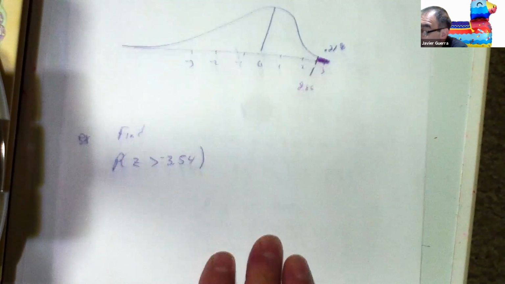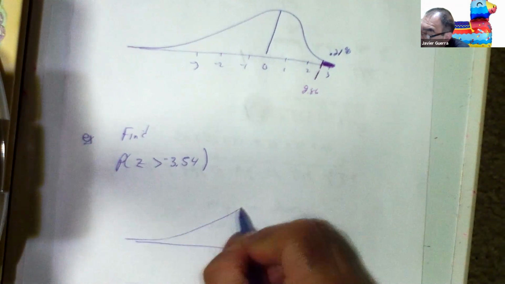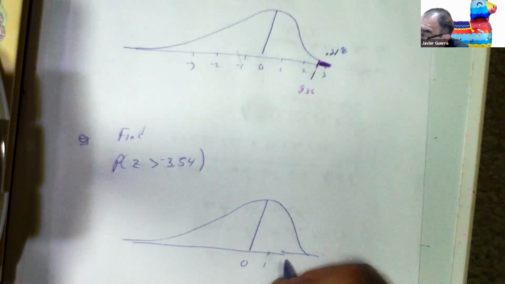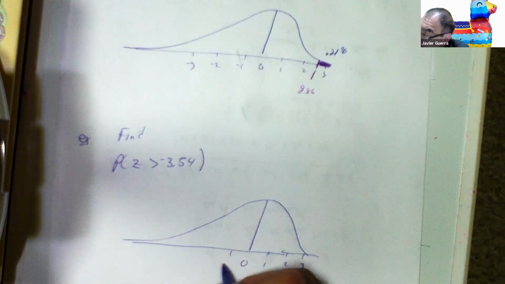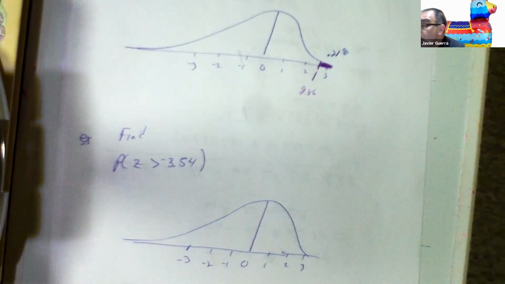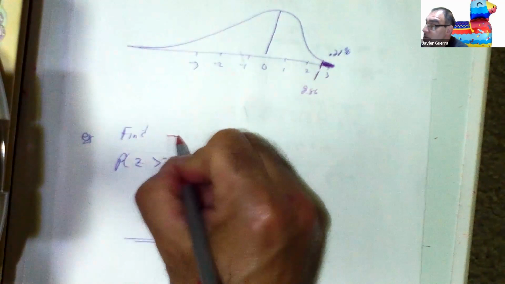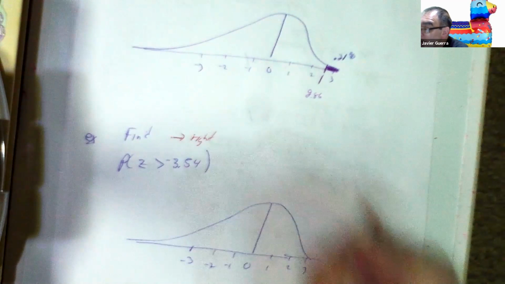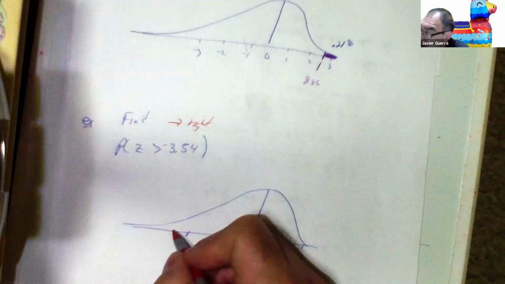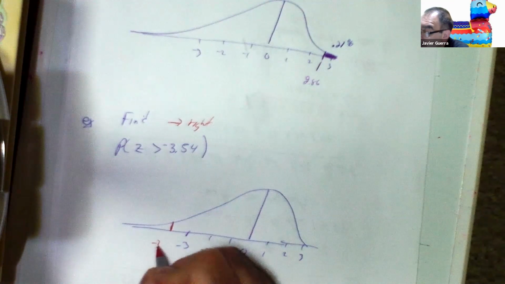You're gonna draw the picture. 0, 1, 2, 3. And we know that the symbol is greater than, so I know it's going to be shaded to the right. Negative 3.54 is going to be over here, about right there.